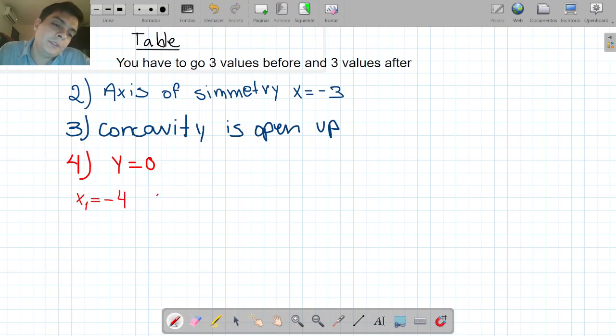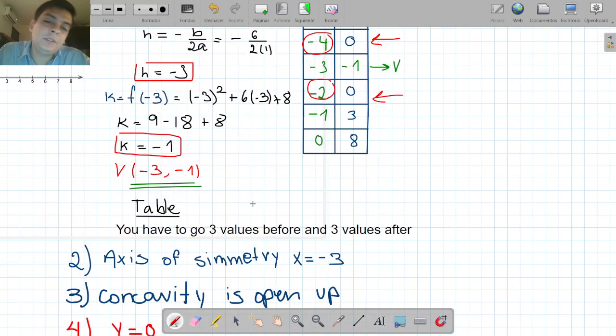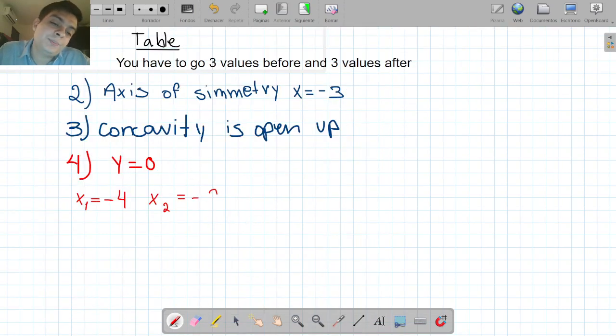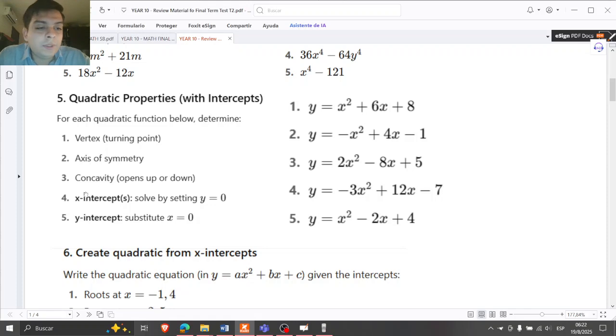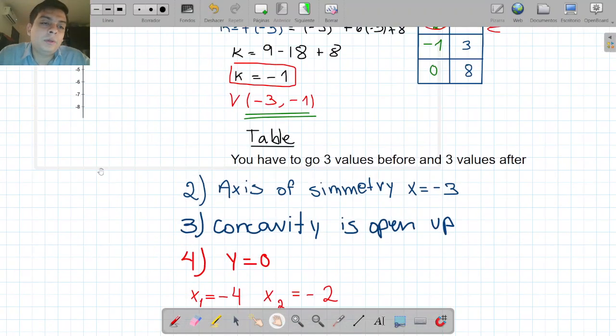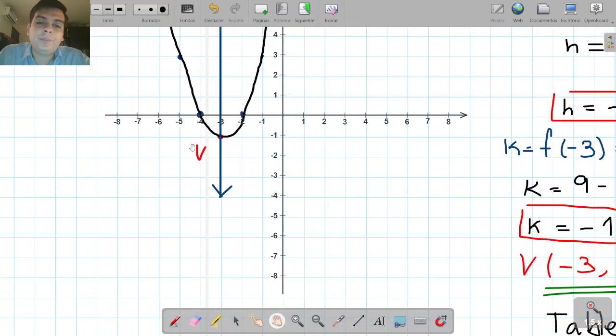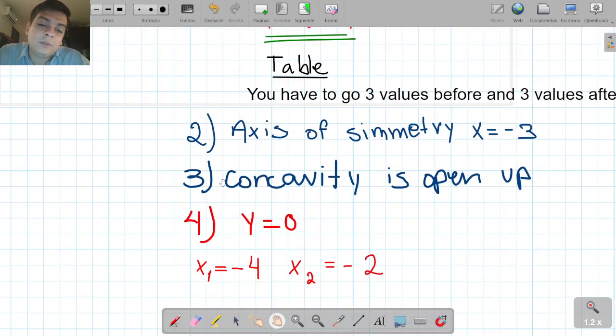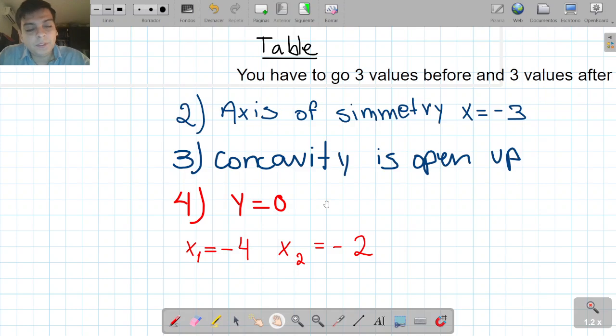That is the first. And the second is x equals -2. So when it says the x-intercept, it means that we are going to intercept the x-axis. In this case, you can see in the graph at -2 and at -4. That is the meaning of that.